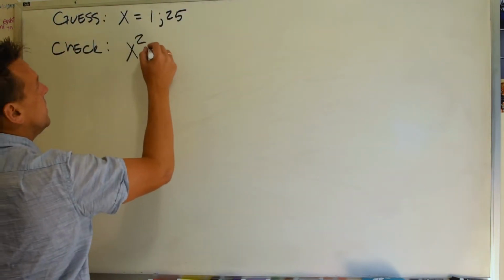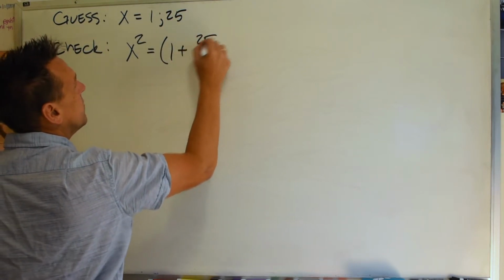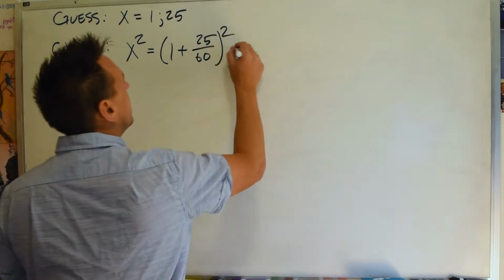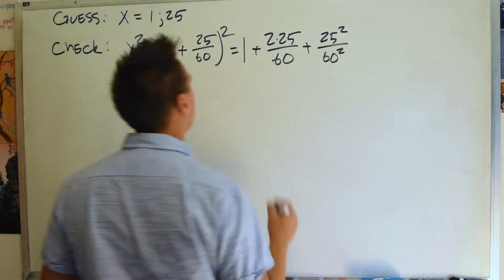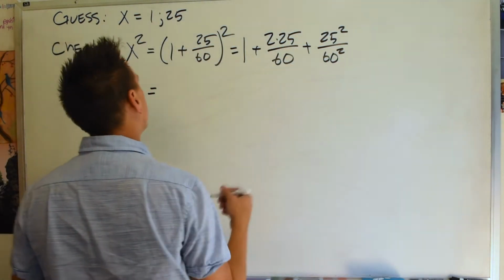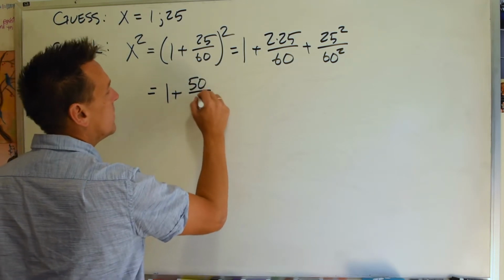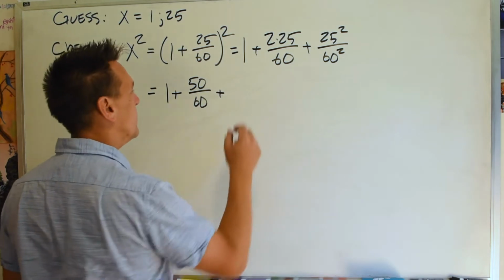We'll look at x squared, which is going to be 1 plus 25 over 60 squared. 2 times 25 is 50. And 25 squared is 625.